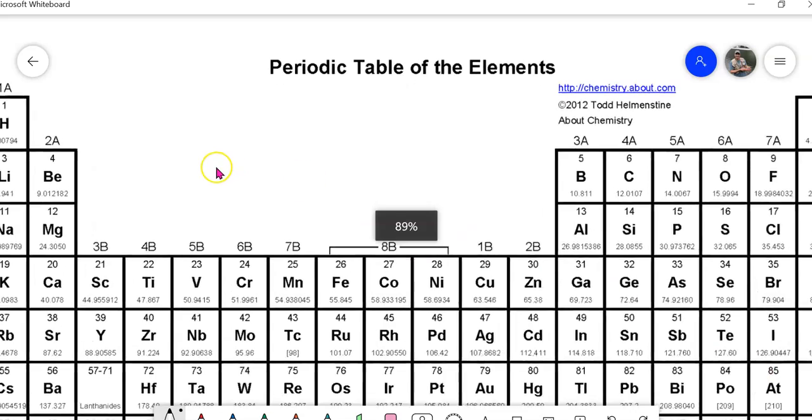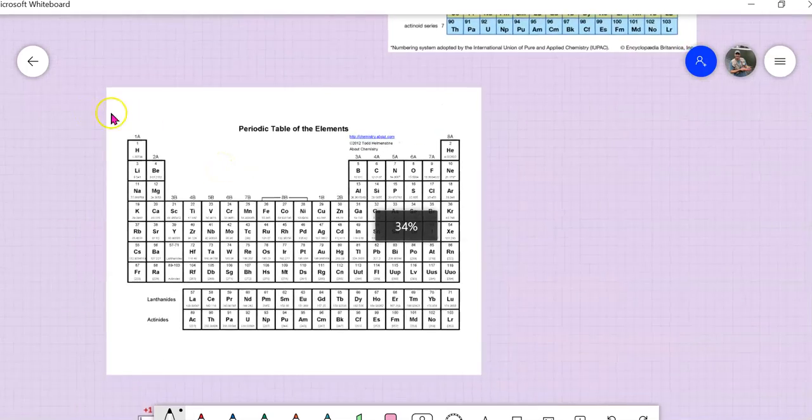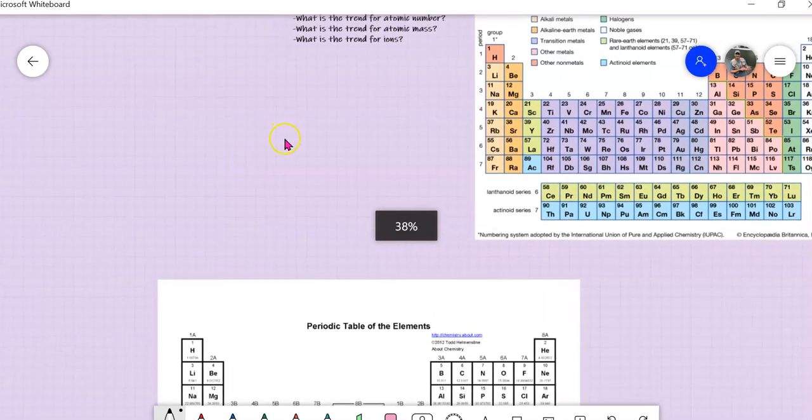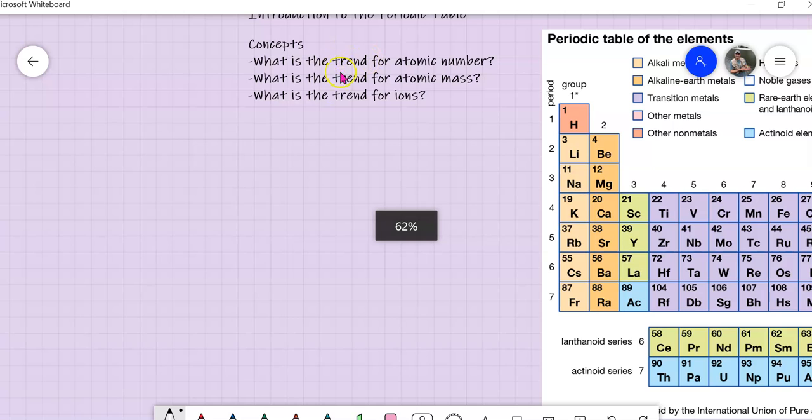So again, the number of protons is increasing by 1 as we move across, and it is sequential. And the mass number, or the atomic mass, increases from left to right and top to bottom as we move across the periodic table. So those trends are fairly straightforward.